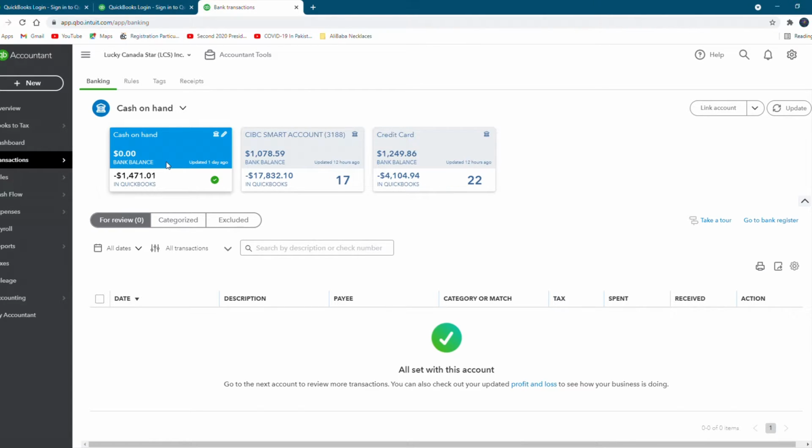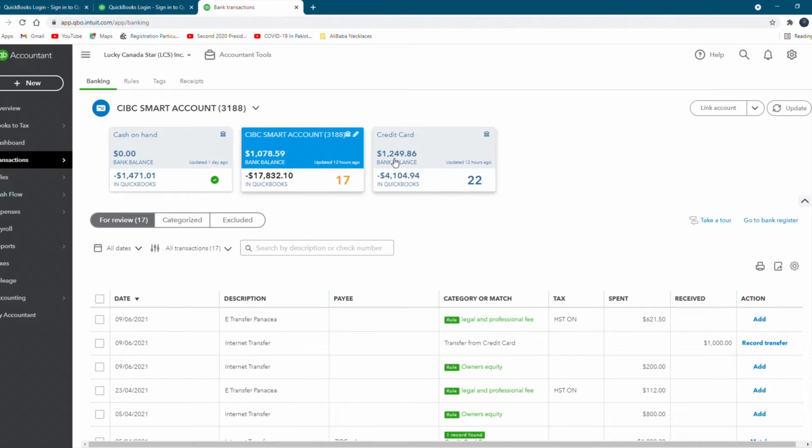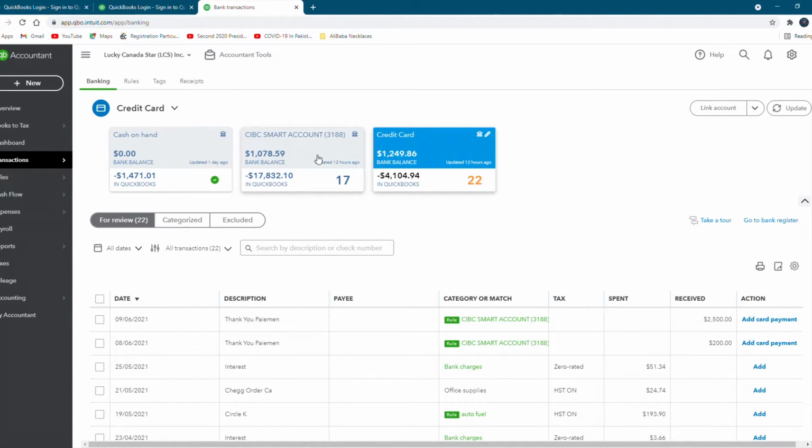The important point that you need to keep in mind regarding these bank accounts, particularly the two bank accounts shown over here, is that the client's bank accounts are attached to QuickBooks Online on a real-time basis. Whatever transactions are taking place in your banking system are automatically being transferred to QuickBooks Online. It is the job of the accountant to see and match those transactions with the bank statements.